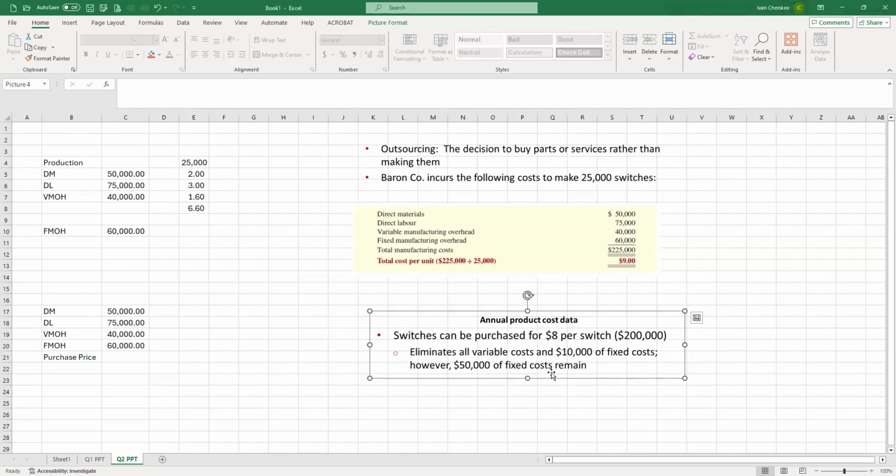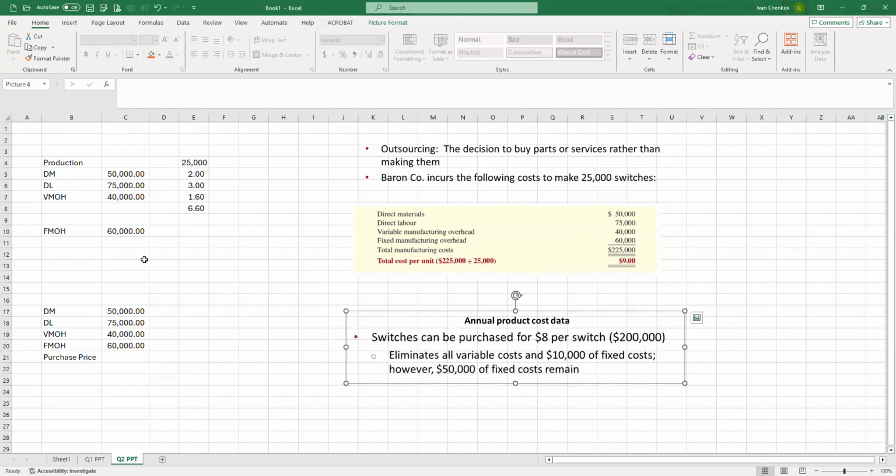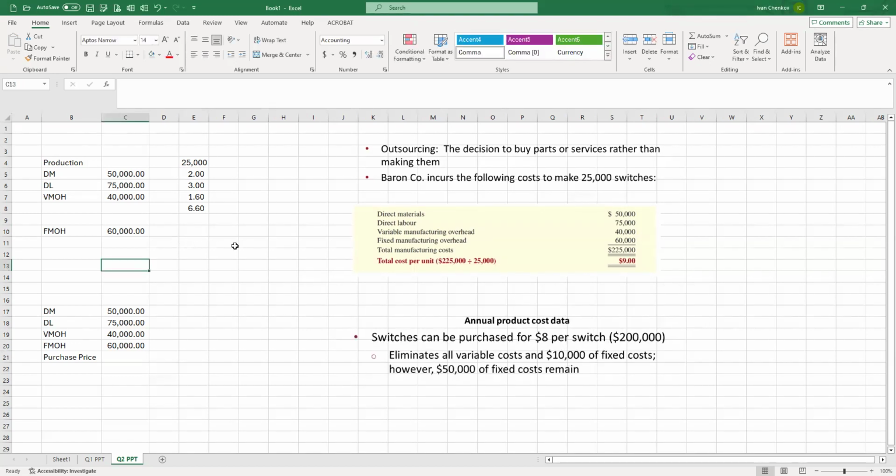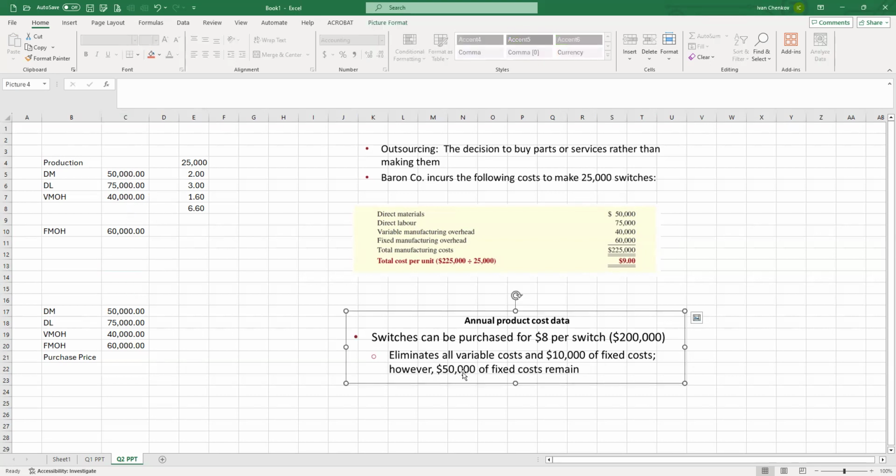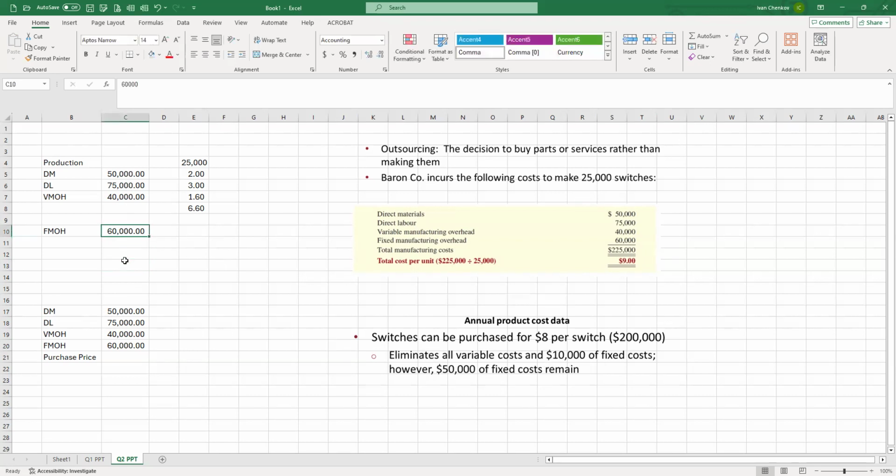This is like the second scenario. So basically, if we decide to stop it, we can save how much of the 60,000? Can we save the entire 60,000? No. How much are we gonna save? 10,000.